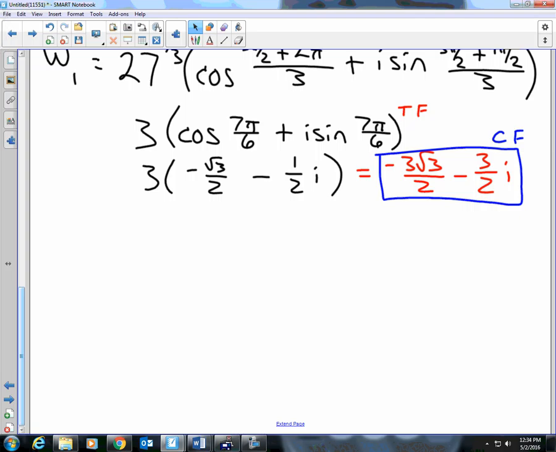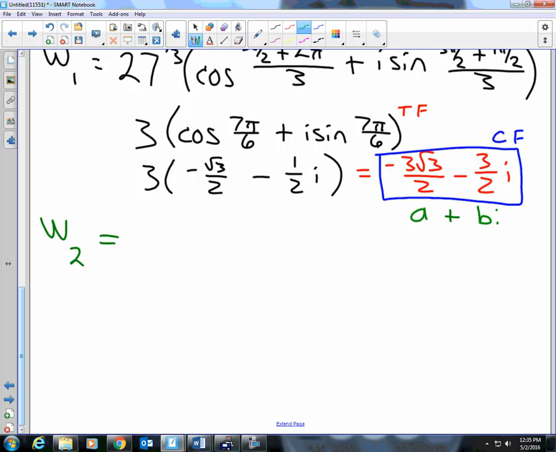I dare you to sit down and multiply that out 3 times and try to come up with that negative 27i. Yes, you can, but we prefer to write it in the form of a plus bi. That way you know what the real part is, and what the imaginary part is. So I would encourage you to leave it like that. Let's do our last one, and then we'll do a problem from your homework together.